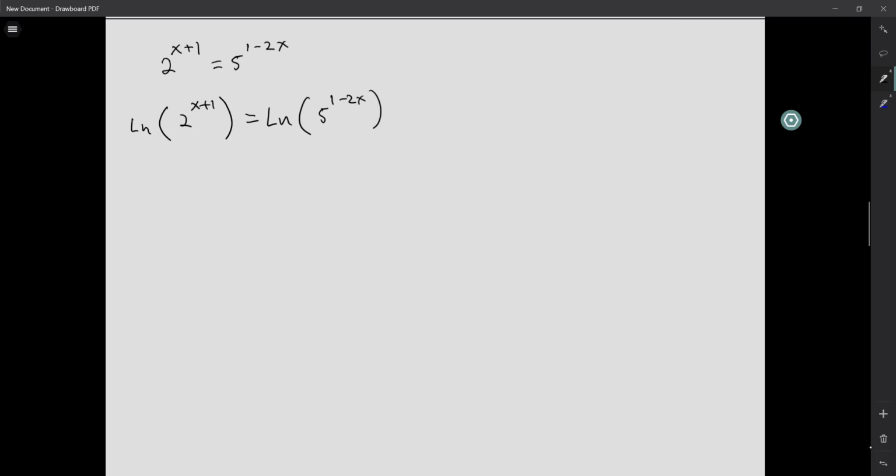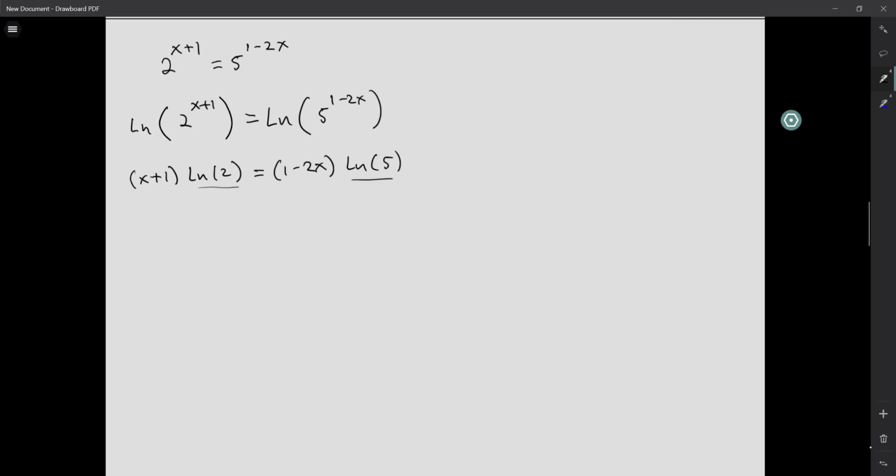So here, the exponent on the inside comes out, x plus 1 ln of 2. So now this is just a number. It's not any kind of function or expression or anything. And over here, I'll have 1 minus 2x ln of 5, which is, again, just a number. I don't know what number it is, but you need a calculator to find it.